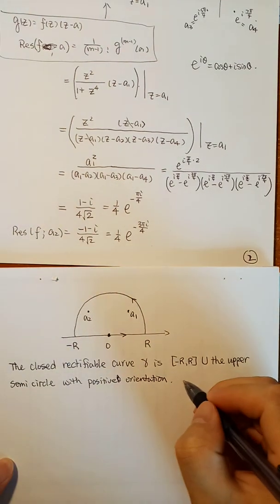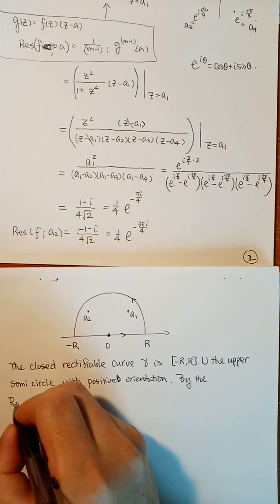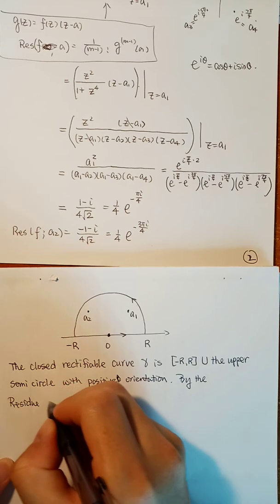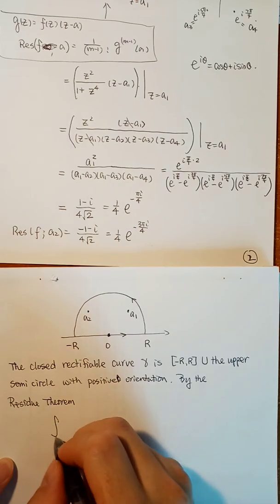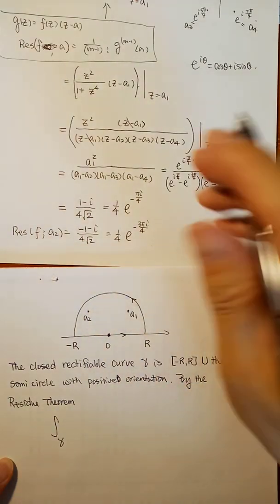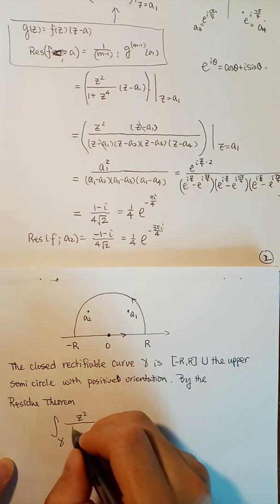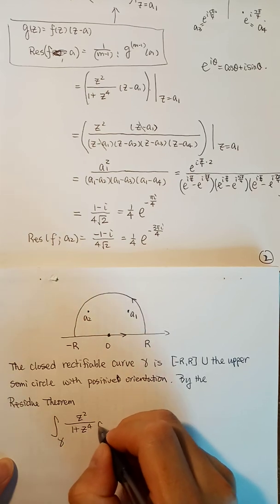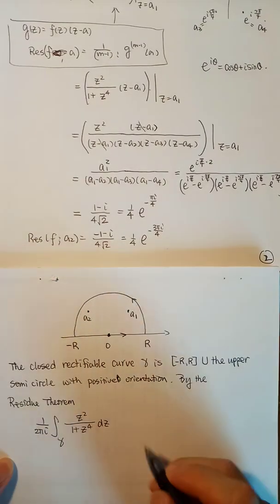So by the residue theorem, the integral of f, what is f? f is z squared over 1 plus z to the 4, dz, times 1 over 2 pi i, right?